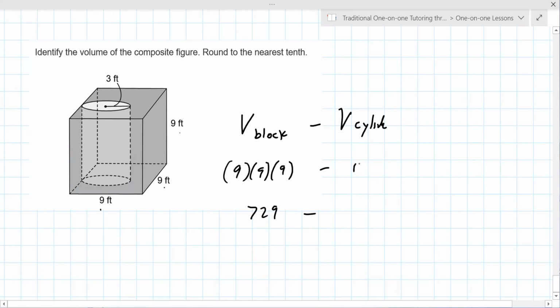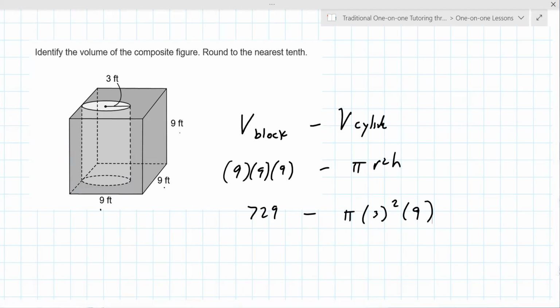Volume of a cylinder is pi r squared h. What's the radius? The radius is 3 and the height is 9. Perfect.